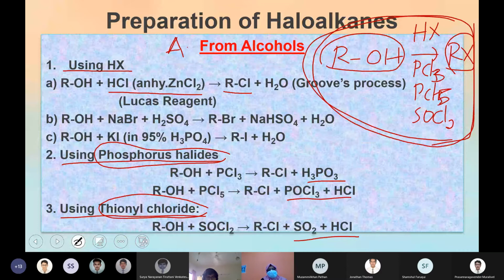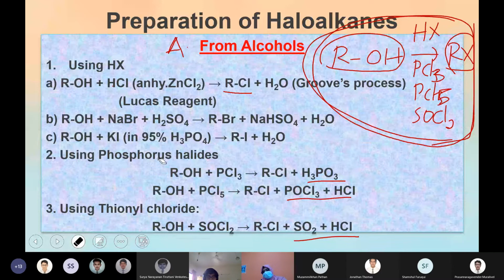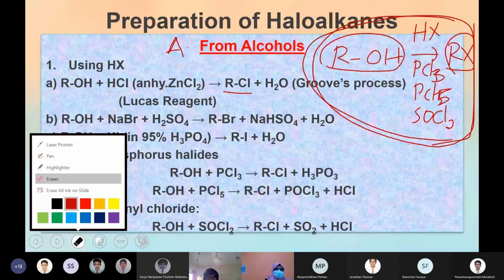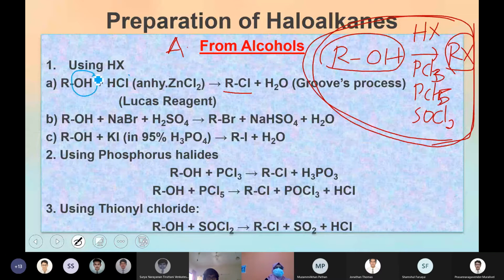So what kind of reaction is basically happening here? If you understand that, then learning organic will be easy. What is basically happening is the OH group is replaced with chlorine. Here also OH is replaced with bromine, so the product is RBr. Here OH is replaced with iodine, so that the product is RI.